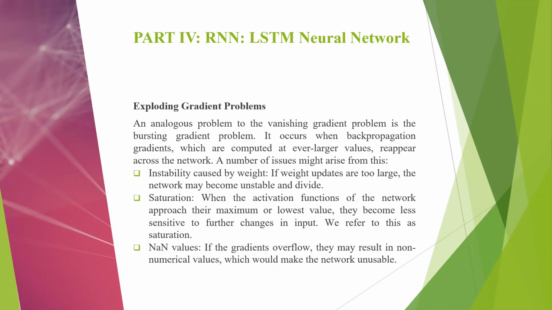Firstly, instability caused by weight. If weight updates are too large, the network may become unstable and diverge. Saturation. When the activation functions of the network approach their maximum or lower value, they become less sensitive to further change in inputs.